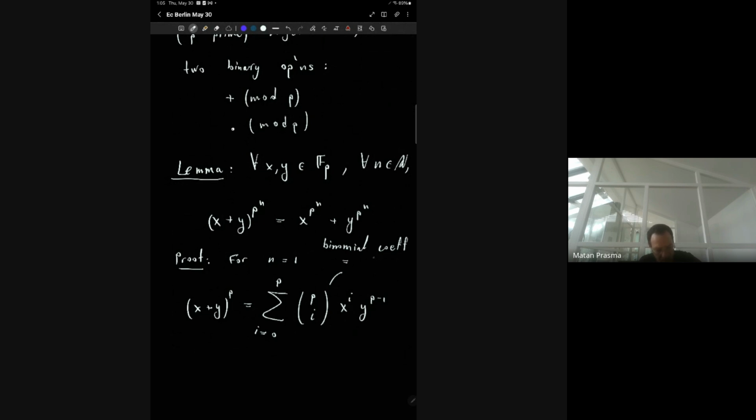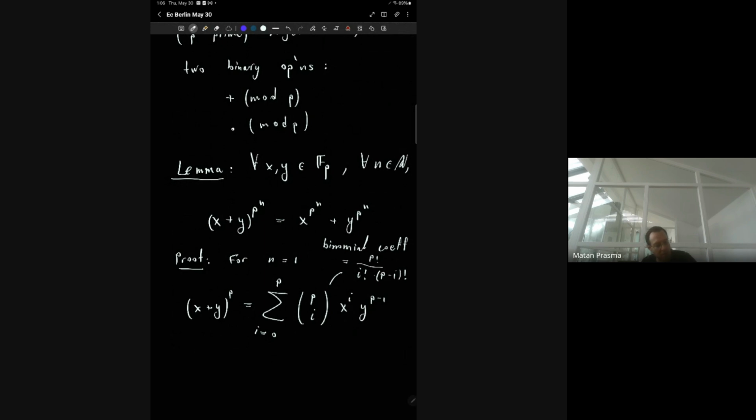This is, by definition, p factorial divided by i factorial times p minus i factorial. This is something that is usually done in school, so I'm not going to prove this formula, but you can prove it by induction.